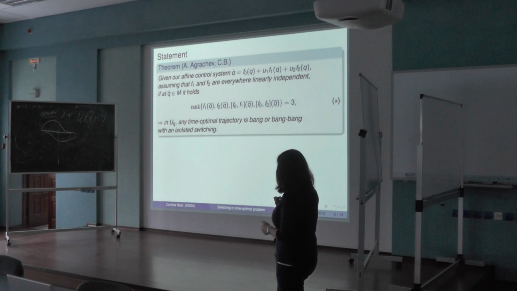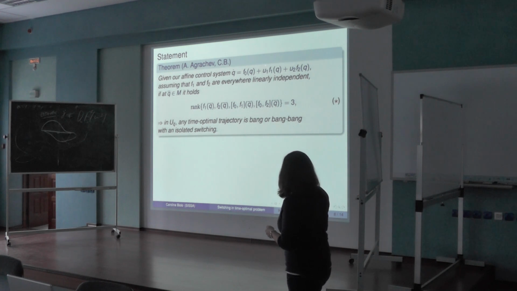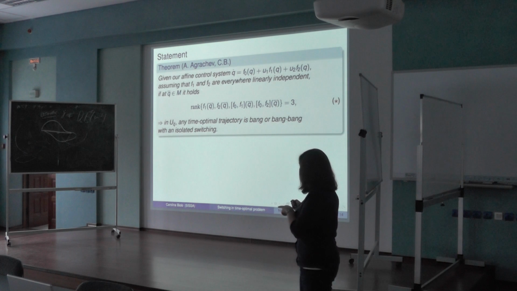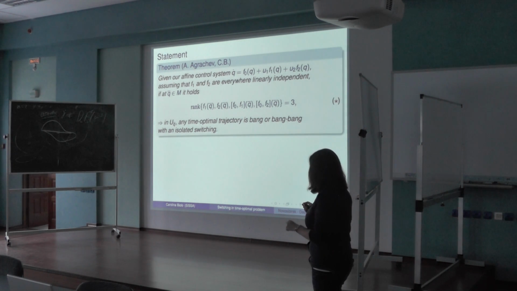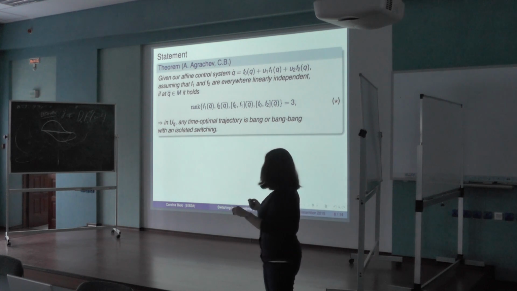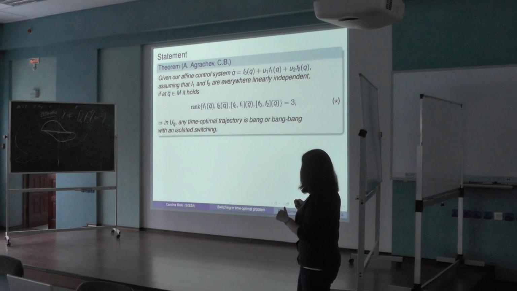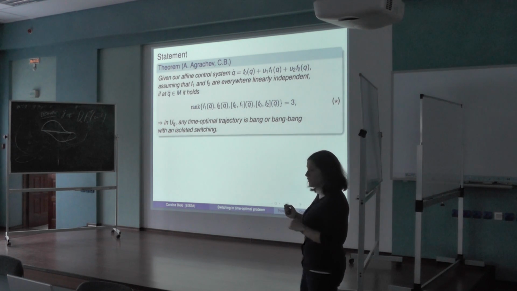Indeed, we have found that given our affine control system, in the three-dimensional case with two-dimensional control, assume that F1, F2 are everywhere linearly independent, and assume that at a point Q bar the rank of F1(Q bar), F2(Q bar), the bracket [F0, F1] and the bracket [F0, F2] at Q bar is equal to 3.